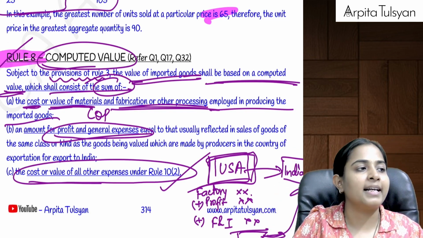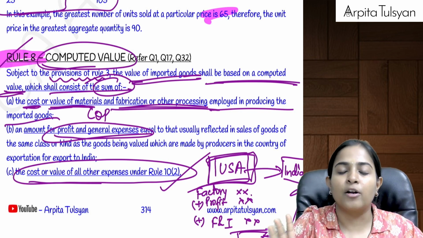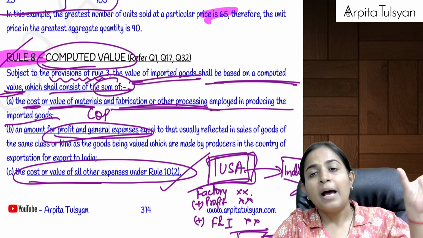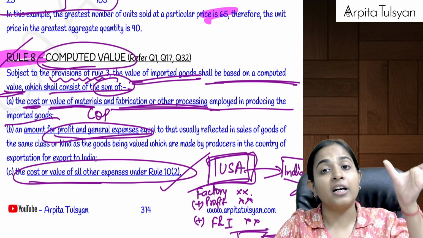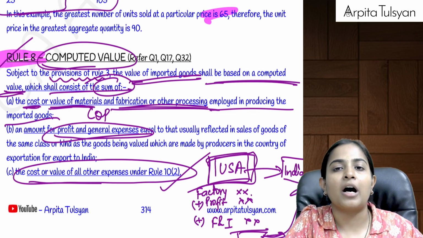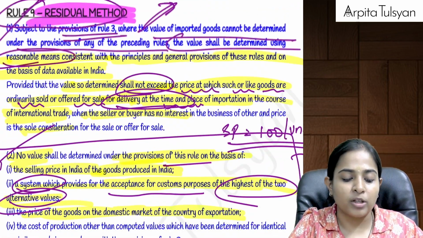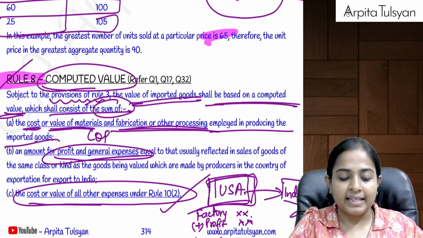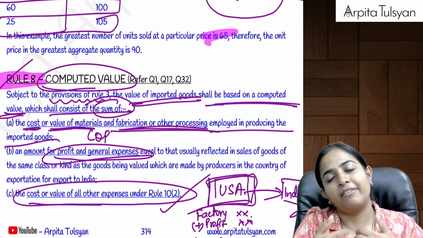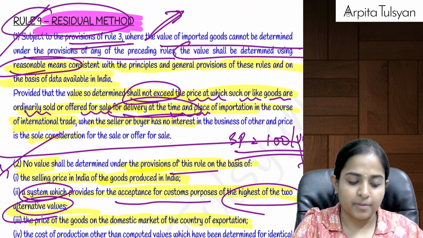Can you see here, the last line says cost or value under rule number 10(2). So we start with his cost of production plus the other expenses he has incurred plus the profit margin, and plus all the cost up to the place of importation. By this we will get a purchase price, a cost, that will be the value for the purpose of customs duty, right?